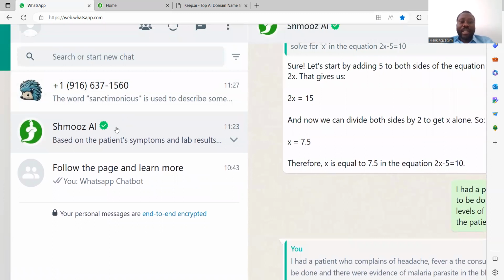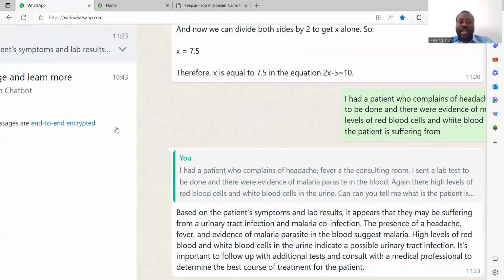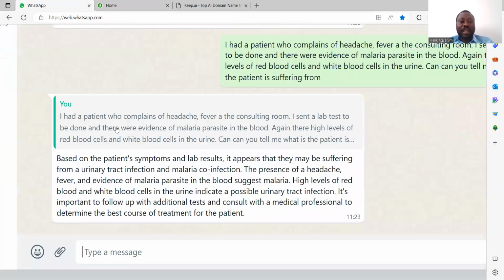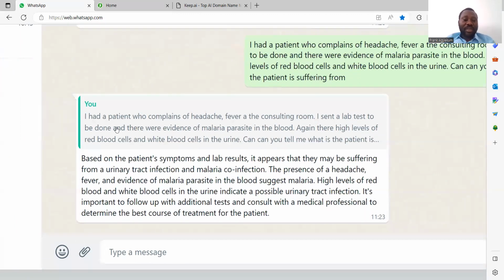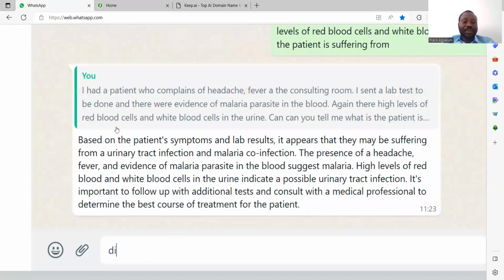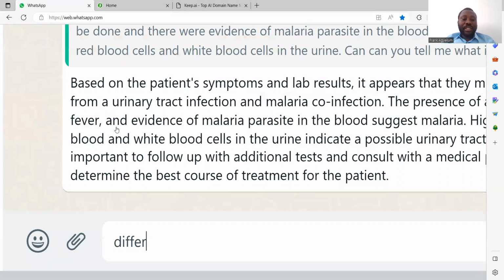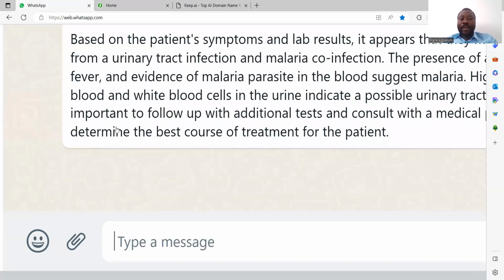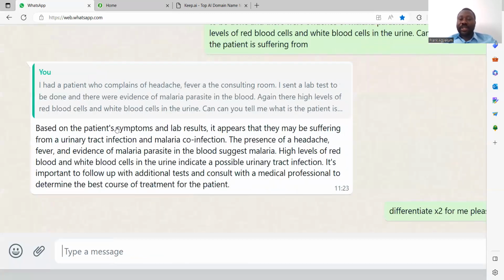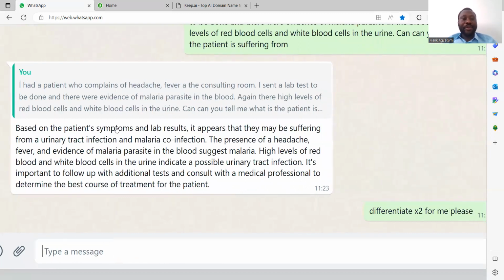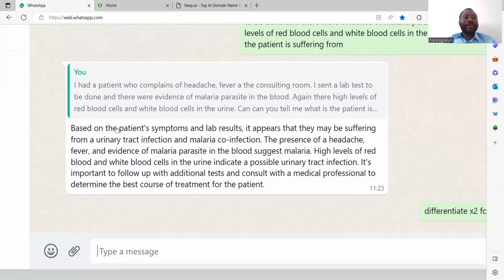For example, let's allow Shmooz-ai to solve this differentiation question for us. Differentiate S squared for me, please. So it is going to differentiate S squared for you.